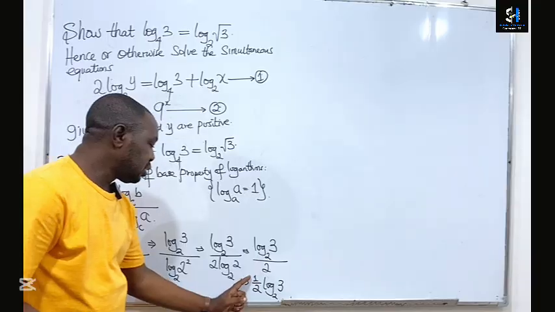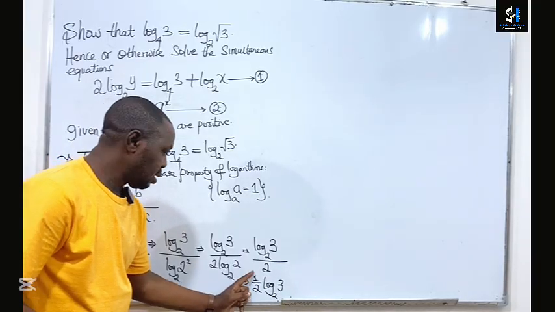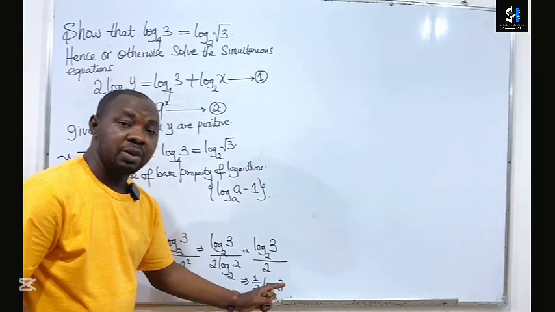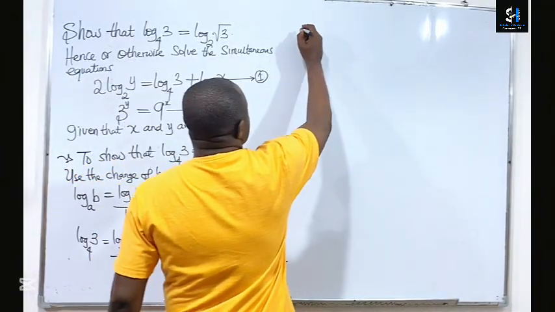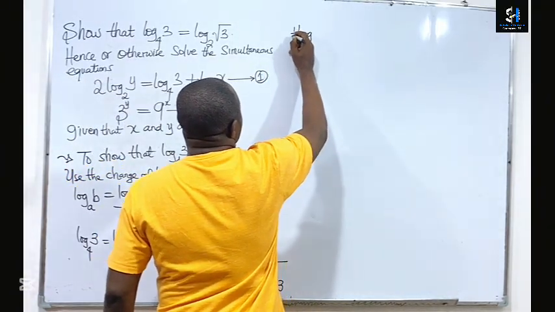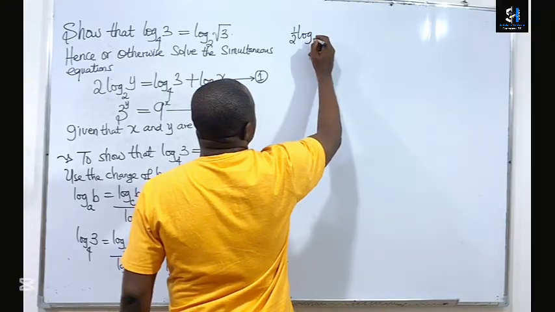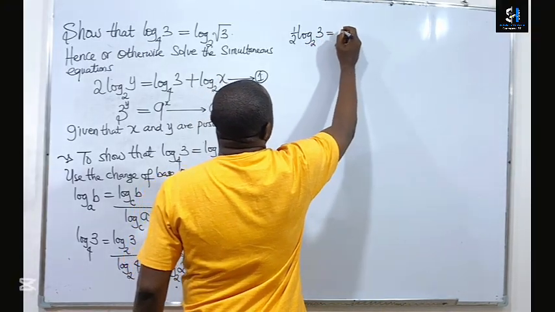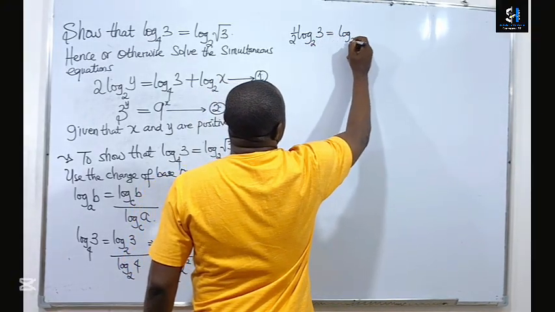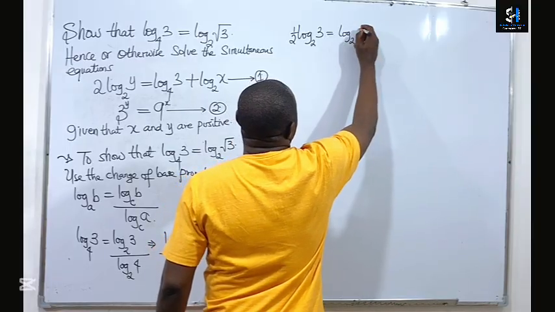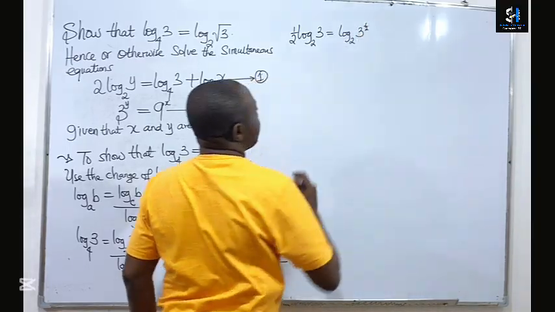Now I'm going to bring this multiplier here to become the power of 3, so that we can have 1/2 of log to base 2 of 3 equal to log to base 2 of 3 raised to the 1/2.